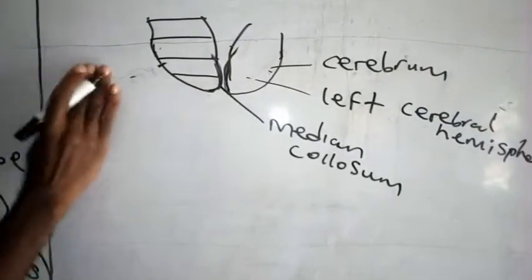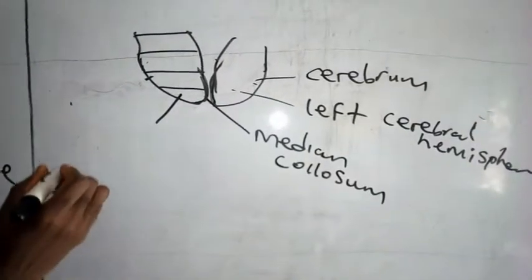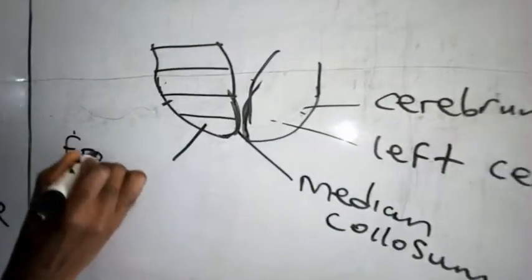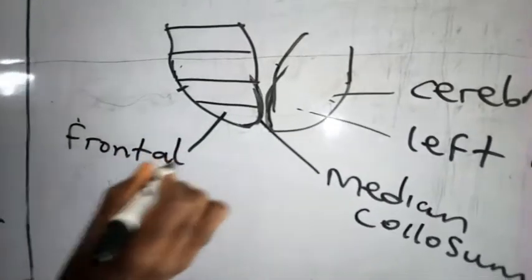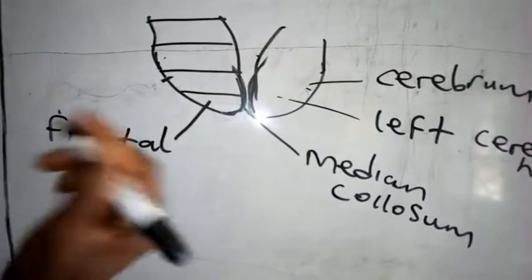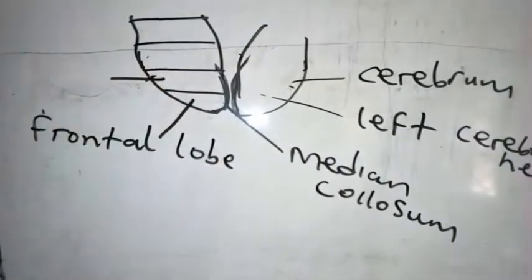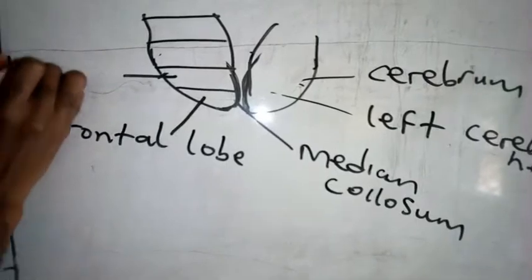So their names include, the one in front is known as the frontal lobe. The one next to it is known as the temporal lobe.